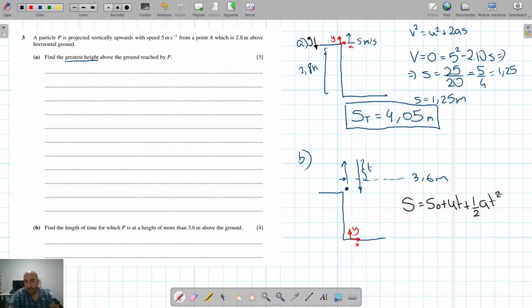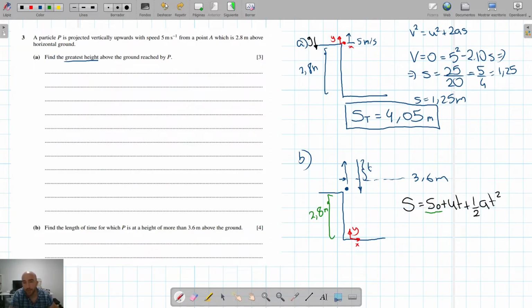I know in most books you don't have this initial space, but remember that if we already have a 2.8 height here, we have to add it up. So it's as if we were doing everything from here and then added up this initial space like we did before. But now we're including it in the formula.